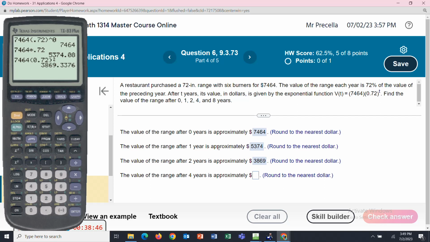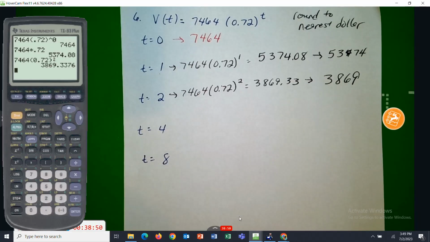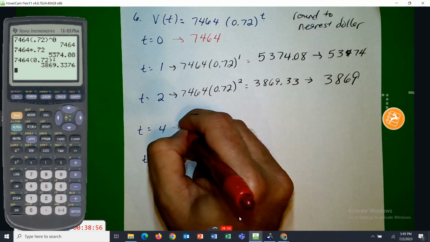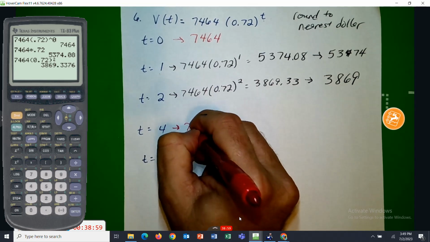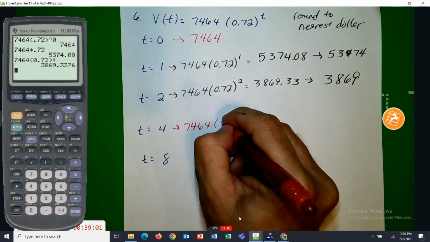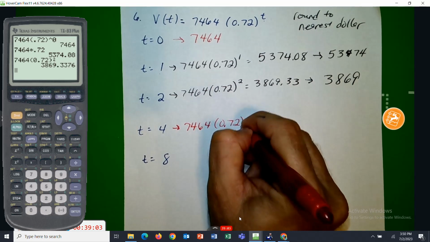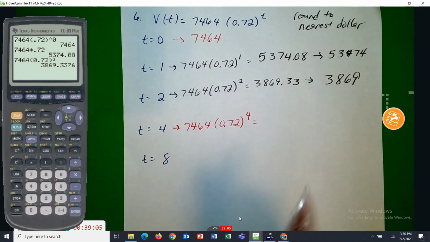What about after 4 years? So plug a 4 in for the t. It'll be 7464 times 0.72 to the 4th power.